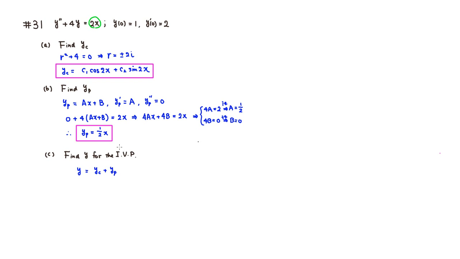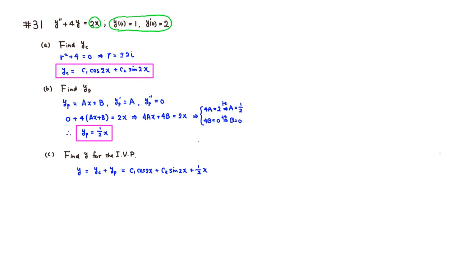Since we already know what they are, the complementary solution is C1 cosine of 2x plus C2 sine of 2x, and the particular solution is 1/2 x. So what we can do is find the C1 and the C2 using these given initial value conditions.